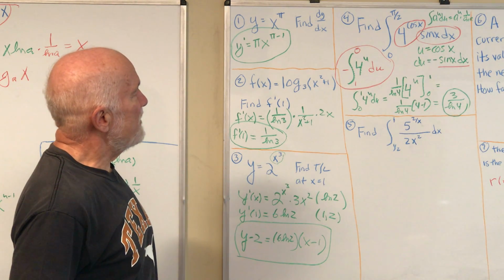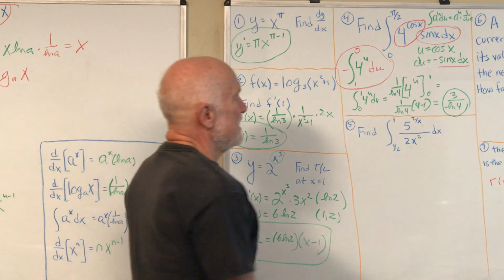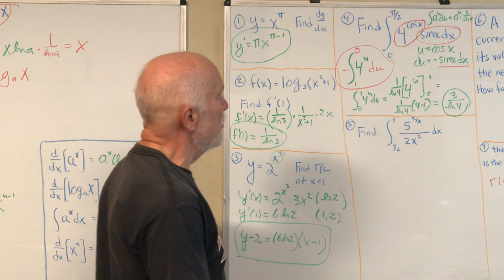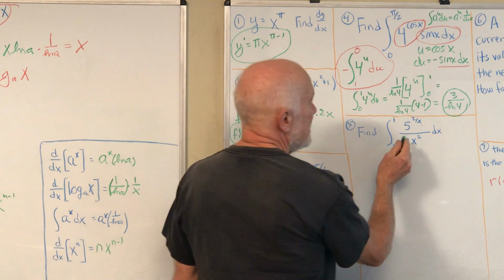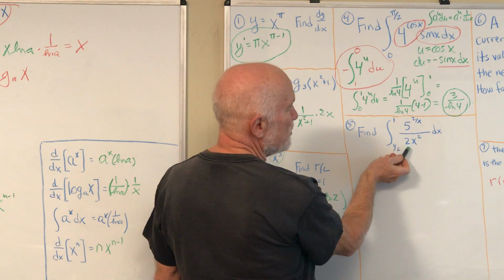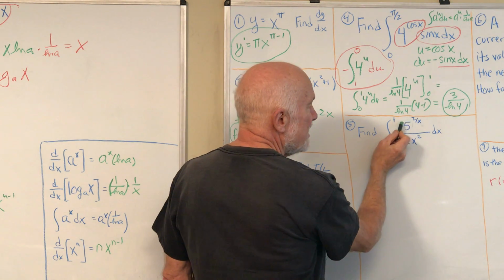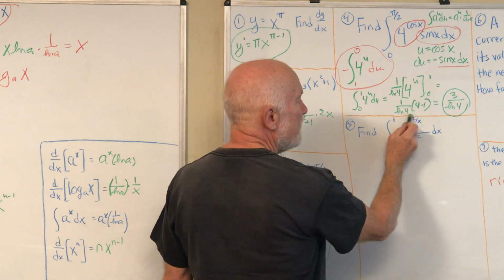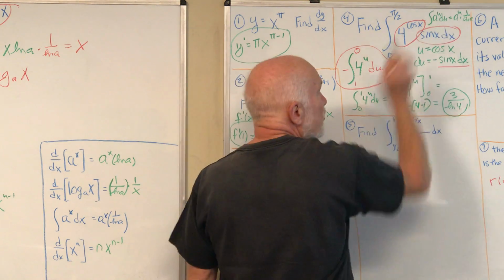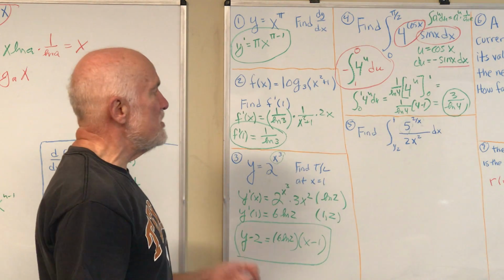Well, let's try another definite integral. These are a little bit tougher, so I thought we should do 2 of these. Again, if you look at this, you see a number to a function. I wonder if this one is also in the form of a to the u du.